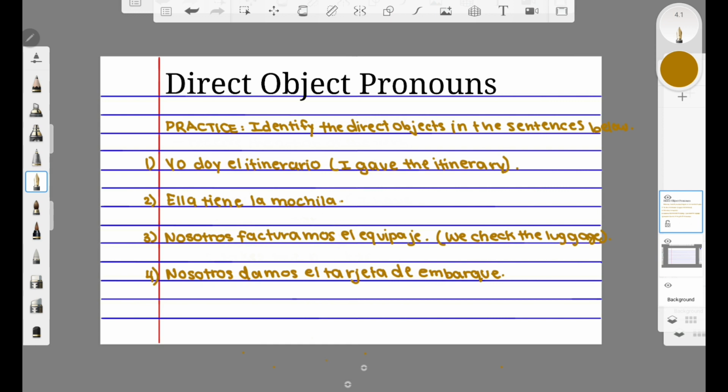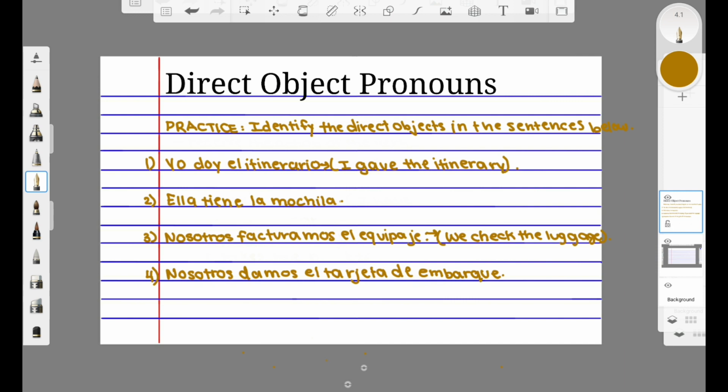So for your practice, identify the direct objects in all of the 4 sentences below, although if we haven't talked about the verb in a certain sentence, I did go ahead and also write it in parentheses in English, just so it would be a little bit easier for you to identify the verb, because after you've identified the verb, you know the subject pronoun.